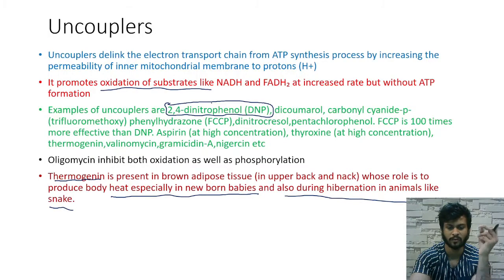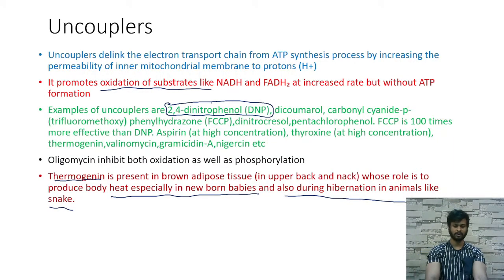It was originally used in patients who wanted to reduce fat or weight, but now it has been discontinued because of side effects like increased body temperature, hyperthermia, etc. So this was about the electron transport chain in detail.